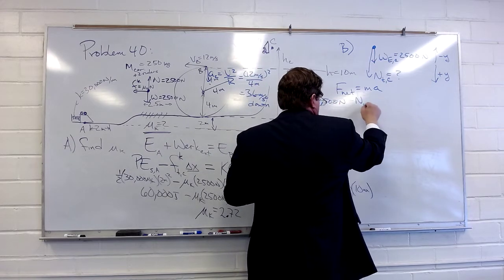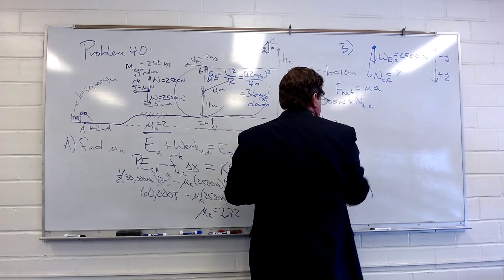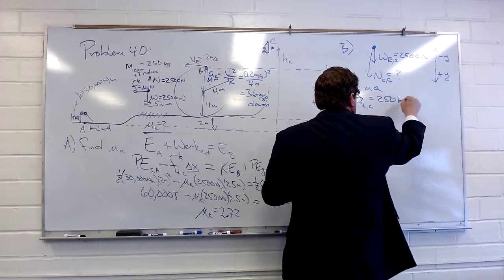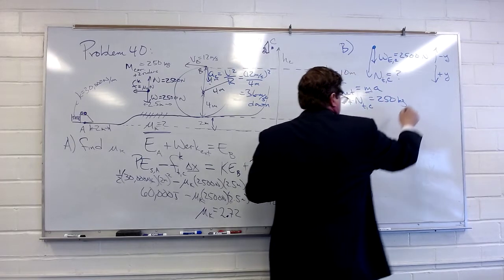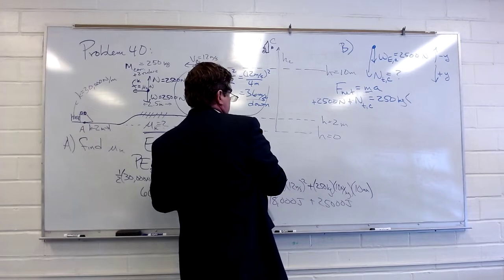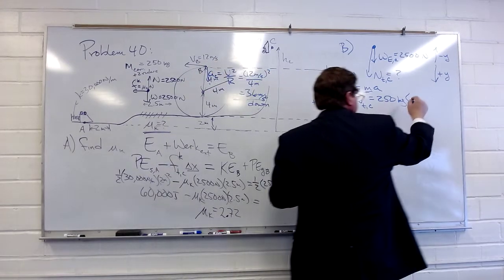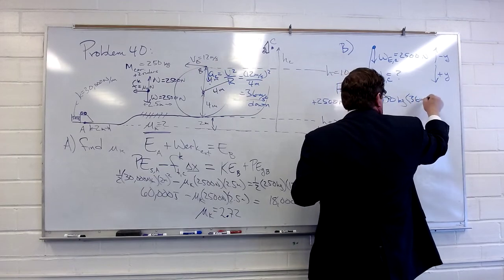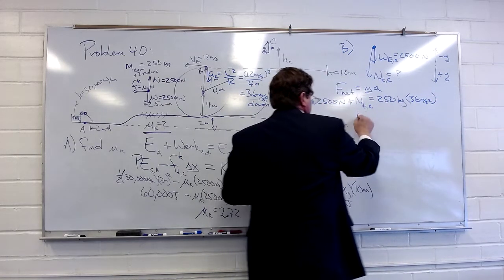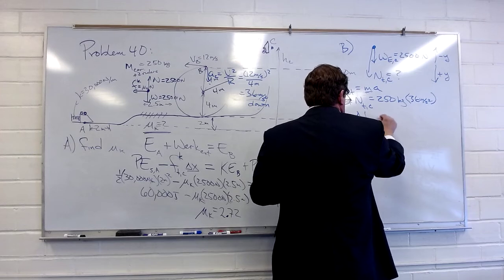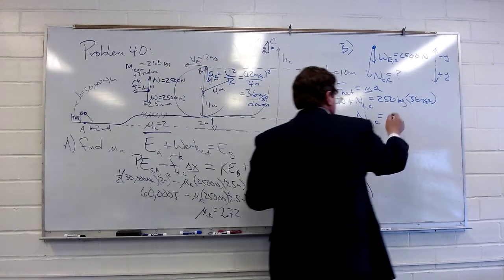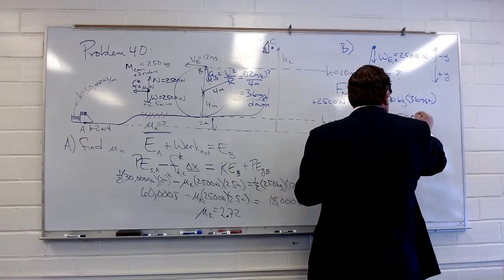I've got the normal force by the track on the cart, that's down, so it's positive. That's going to be 250 kilograms, the mass, times the acceleration, which we said was 36 meters per second squared. And since it's down, it would be positive. And if I solve that for the normal by the track on the cart, I end up with 6,500 newtons.